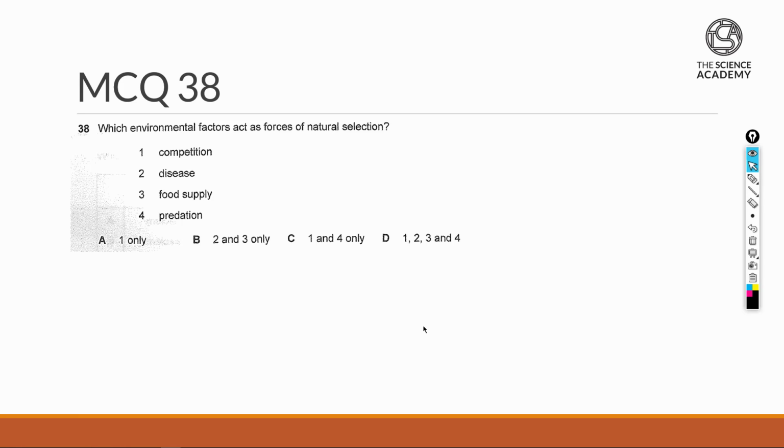MCQ 38, we're going to take a look at the factors that can actually act as forces of natural selection. As a little bit of a summary, there are quite a number of processes that can eventually lead towards natural selection. In the eyes of the species that we're trying to investigate for natural selection, the species will undergo varied forms of reproduction.